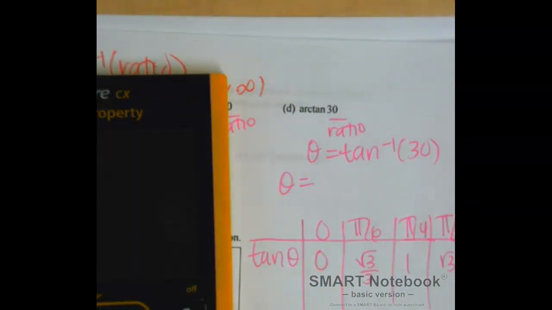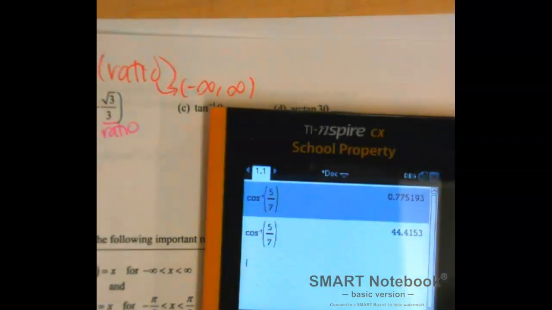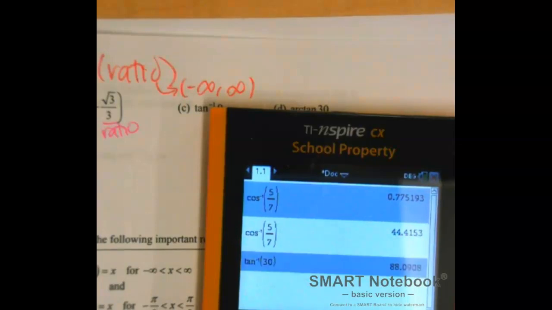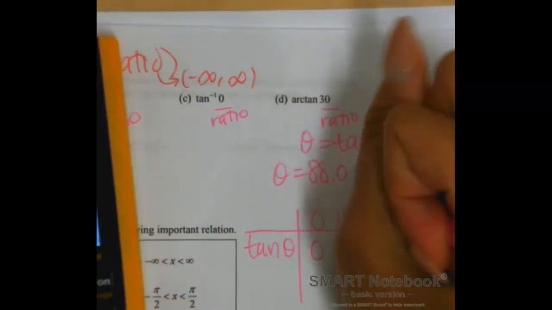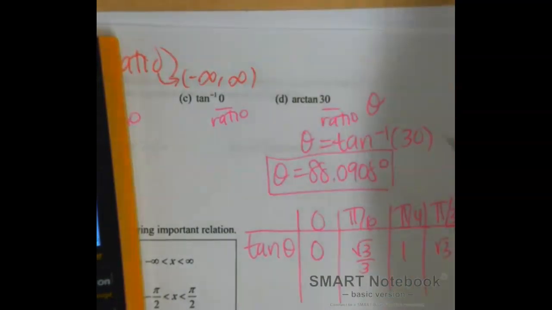There's going to be 2 answers I give you because the directions don't tell me which way to write it. Since this is in degree, I'm going to start out with degree. Tangent inverse of 30. Go ahead and write this out. We have 88.0908. This is in degree. And then I'll also write this in radians.